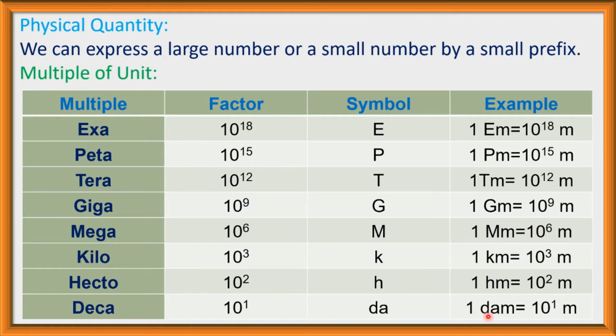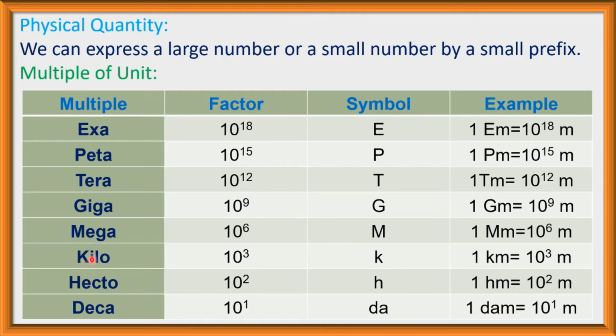Here 1 decameter is equal to 10 to the power 1 meter. Here deca is the multiple for 10 to the power 1, and then hecto for the factor 10 to the power 2. Its symbol is h. 1 hectometer is equal to 10 to the power 2 meter.